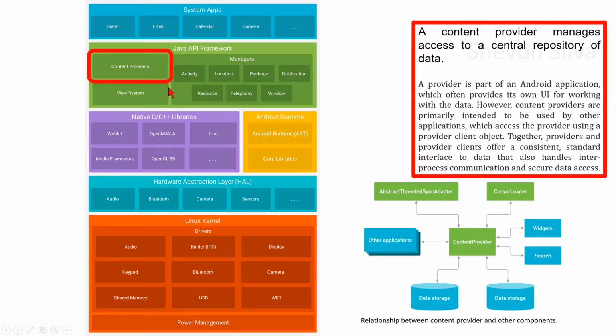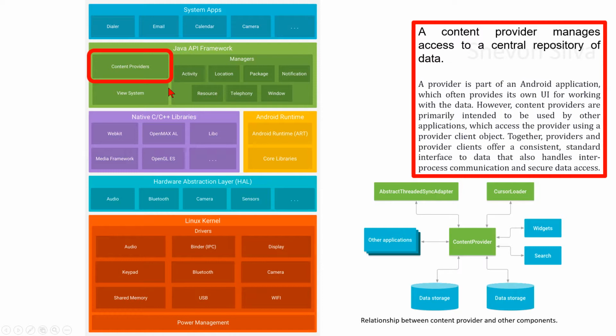Now we are considering content providers under the Java API framework. A content provider manages access to a central repository of data. A provider is part of an Android application, which often provides its own UI for working with the data.